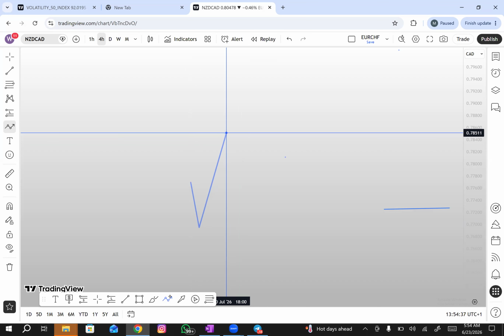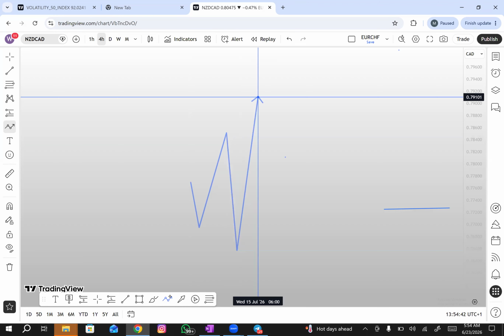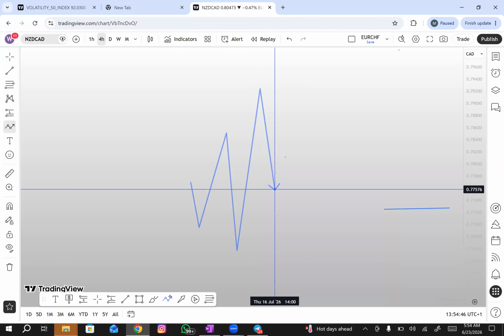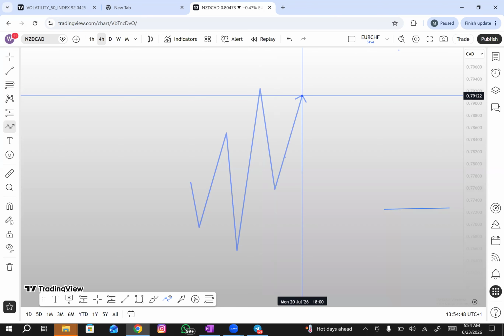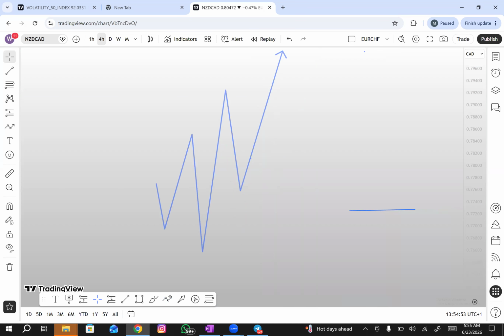And then a sweep, a break, structural liquidity, right? So we have a sweep right here. We have the first break of structure. This is type 1, obviously.